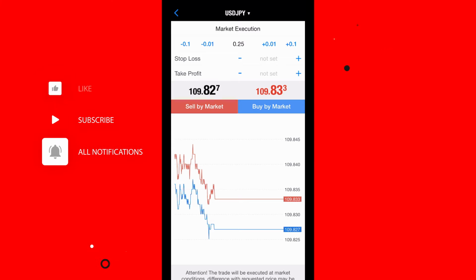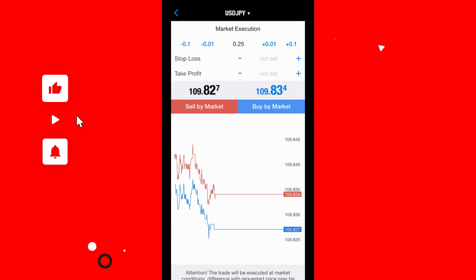So you want to know how to pick the right size, because if you only have $100 and you're going at 25 cents, you're going to blow your account in the blink of an eye. So you want to watch my previous videos, or go to the website and find a video about proper lot size.